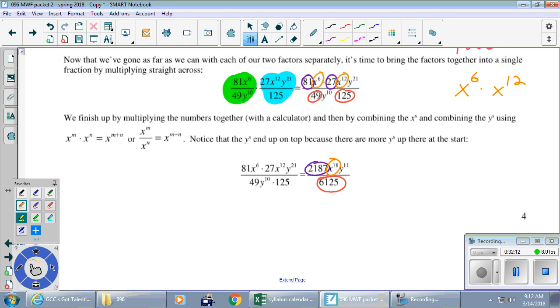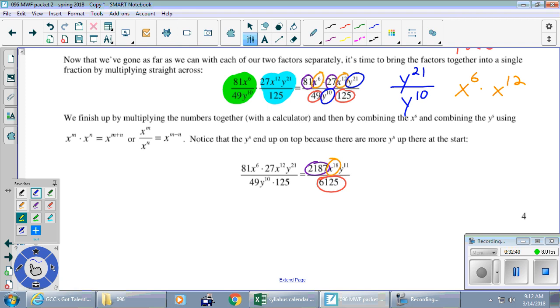Okay? And then the last piece, blue. Here we go. Y to the 21, y to the 10. There's lots of distractors around these things, but that's what I'm seeing in my mind. Just the y's. 1 through 5. It's one of these properties. We've seen it before. Which property is it? This is the second property. What do we do with the exponents? We subtract them. And we subtract them, we get y to the 11.